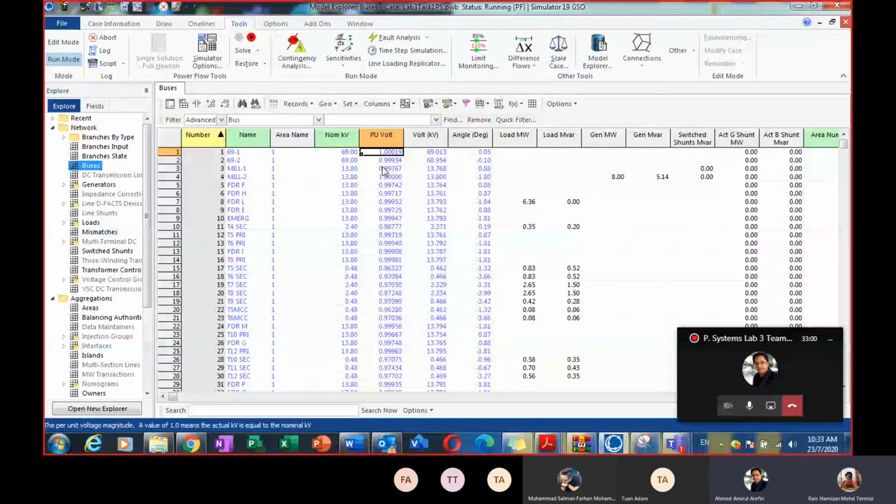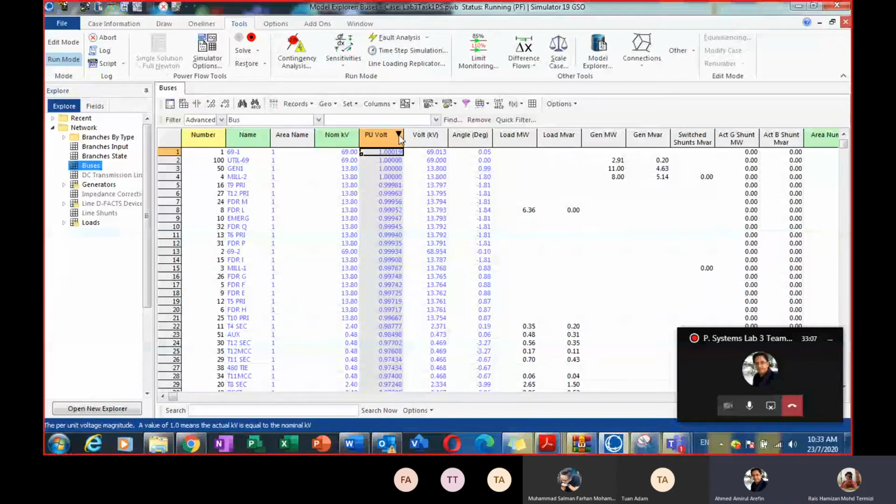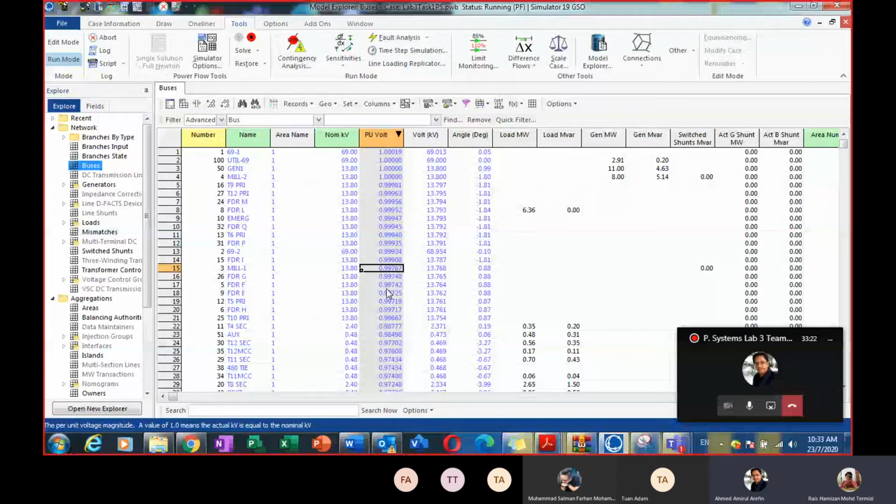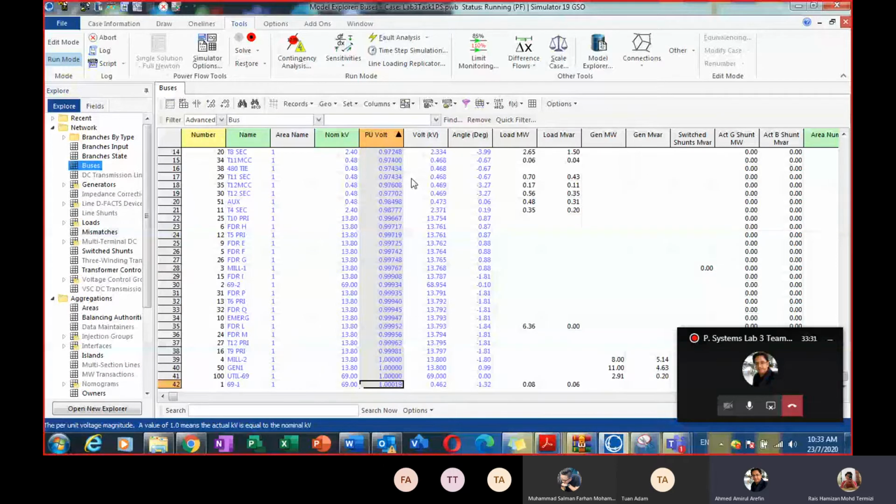Oh, okay. This one. Yes. So the highest is bus number one, and which one is the lowest? The lowest is bus number four. No, no. There is an option to see the lowest one also. Just click it. Yes. Here. Sorry. The highest one is bus number one, and the lowest one is bus number two.